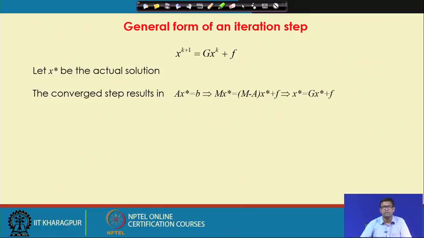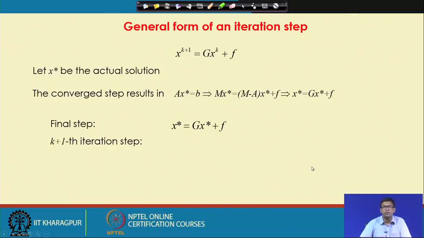When we have the exact solution, this is equivalent to writing x is equal to G x plus f, or x star is equal to G x star plus f. So, the final step will be x star is equal to G x star plus f, the final iteration step, because it has converged to the actual solution.